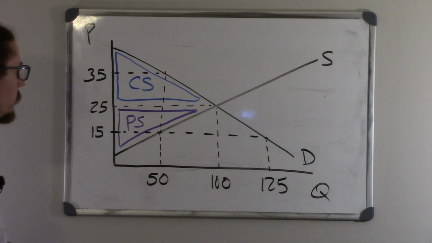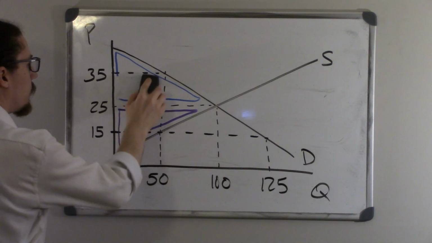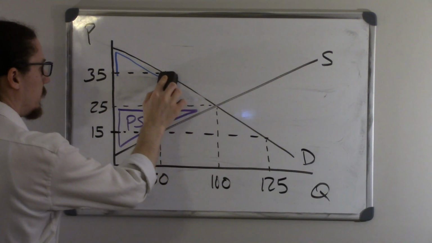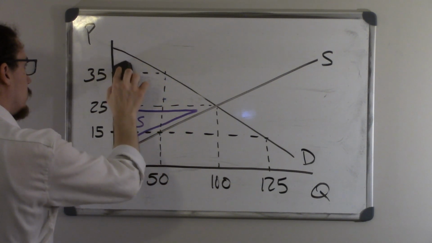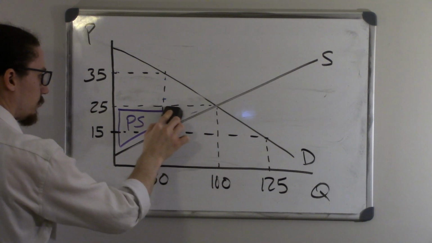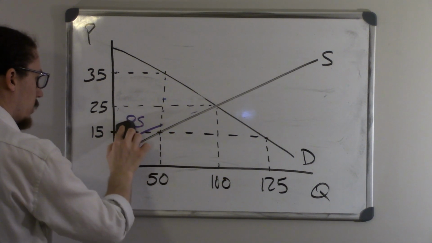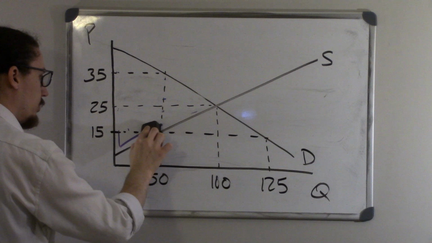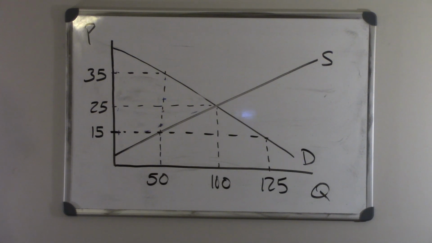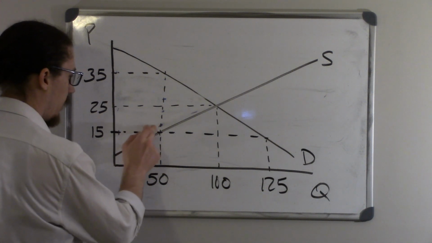All right, so when we have a price ceiling, in this case of 15, this changes our producer and consumer surplus. Because again, let's start with consumer, that's what I did last time. Consumer surplus is the area above the price and below the demand curve. Well now the price is 15.